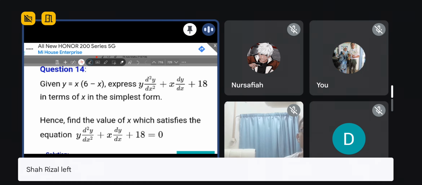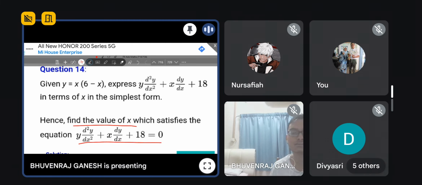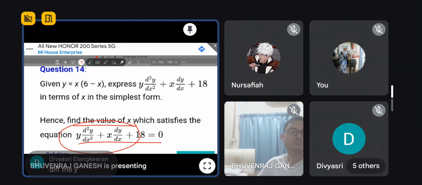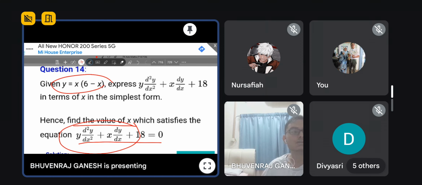Okay, so first question, they ask you to find the x that satisfies this equation. You see this equation, very complex. So guys, what do you do? First step, when you see this, differentiate the y. Over here, will you directly differentiate or use the product rule?